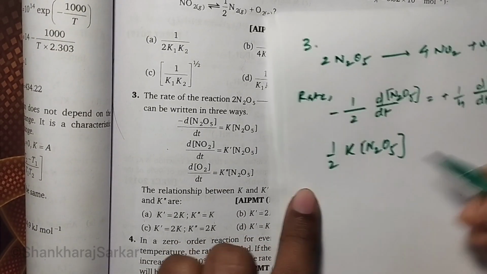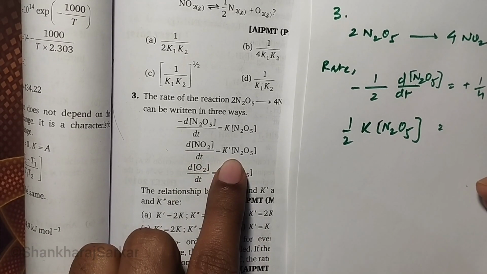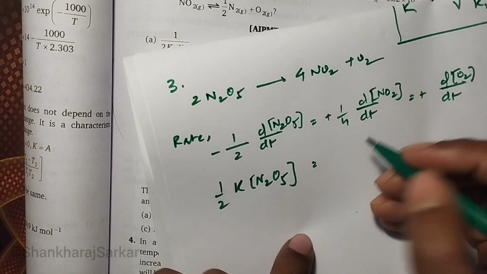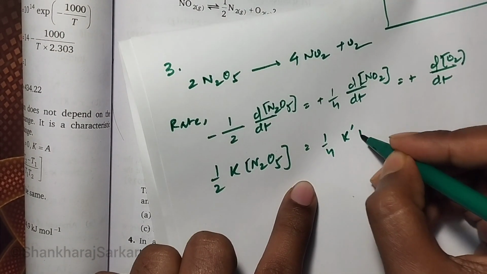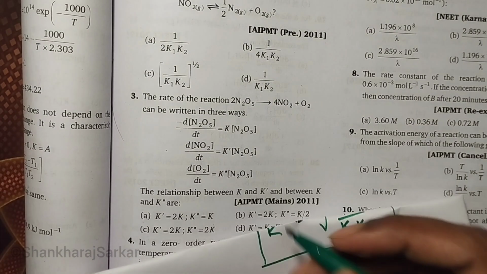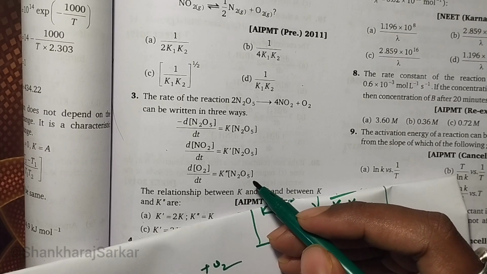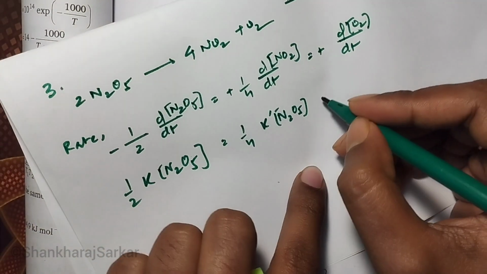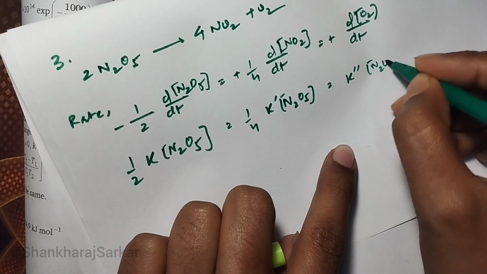So you write 1 by 2 is equal to, then d[NO2]/dt, they have considered k dash [N2O5], so you can write 1 by 4 k dash [N2O5] inside bracket. Then d/dt of O2, they have considered k double dash [N2O5], so you can write k double dash [N2O5].